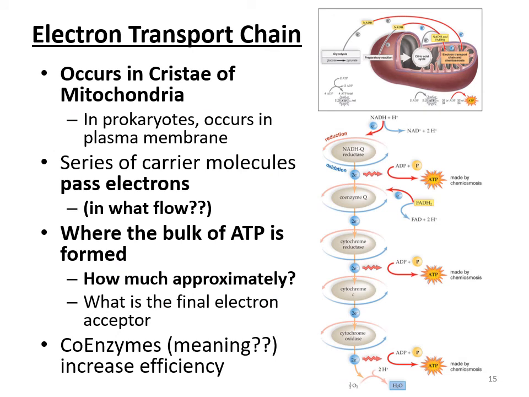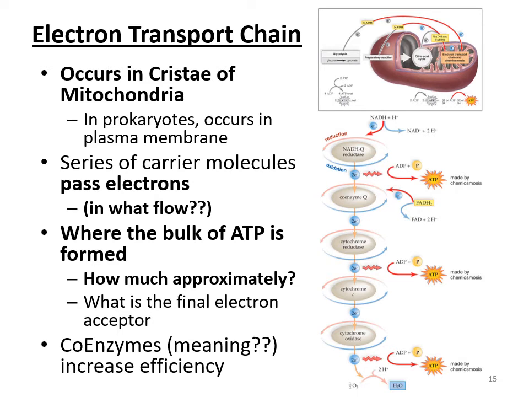Once that has occurred, the next and final step of cellular respiration is the electron transport chain. Like I said, the electron transport chain is where the cell will get the bulk, the biggest amount of ATP formed. Remind yourself that this is aerobic and it requires oxygen, because oxygen will be the final electron acceptor in this electron transport chain.